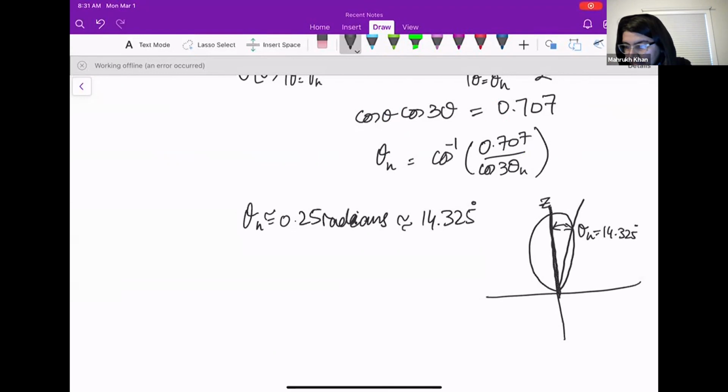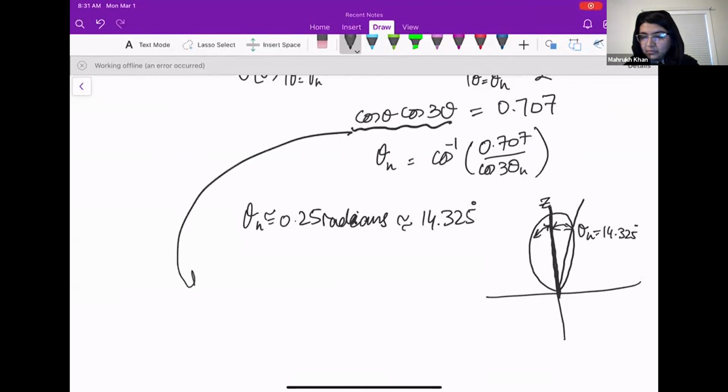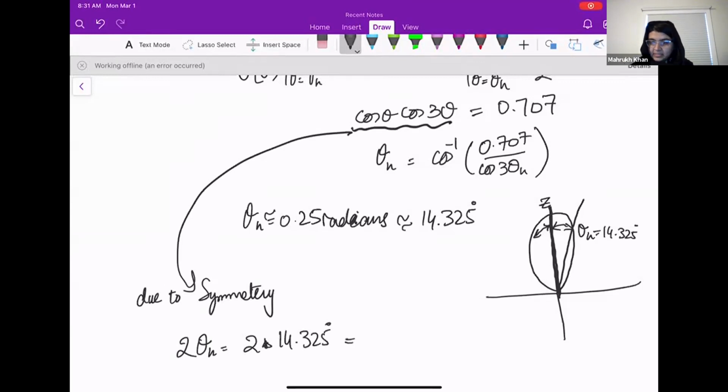To calculate the other side of theta, because this cos function is symmetrical, due to symmetry your other theta, or 2 theta h, will be 2 into 14.325 degrees, which is 28.65 degrees.